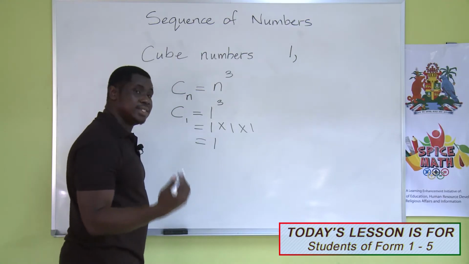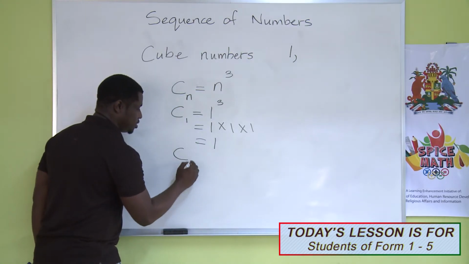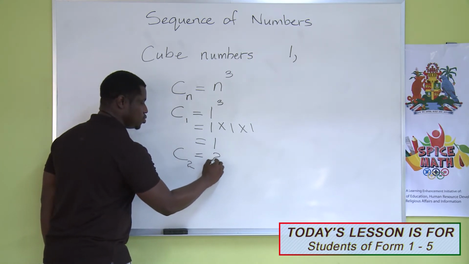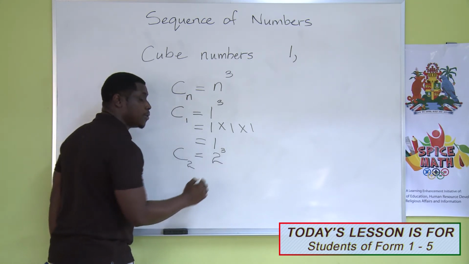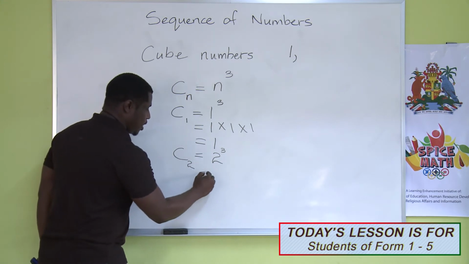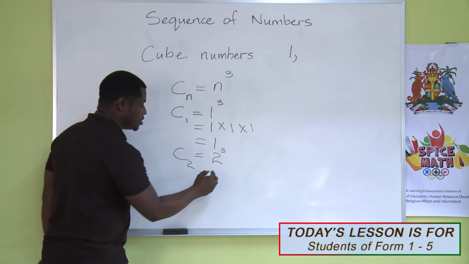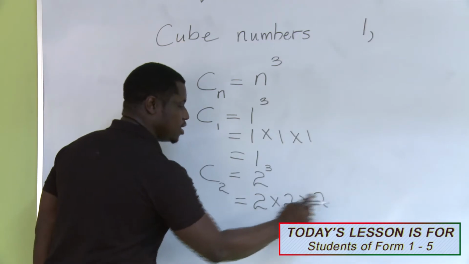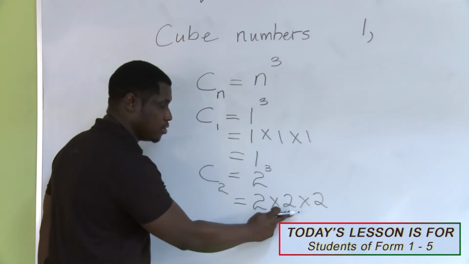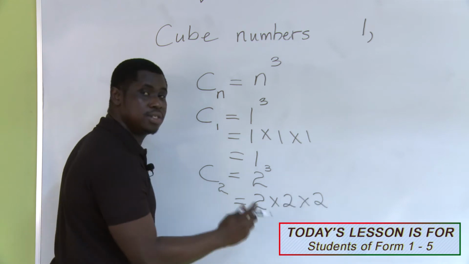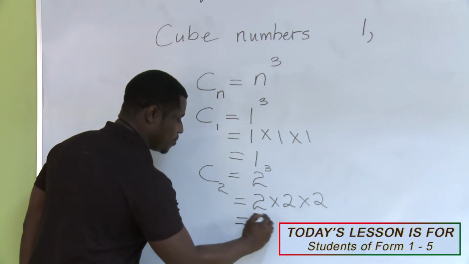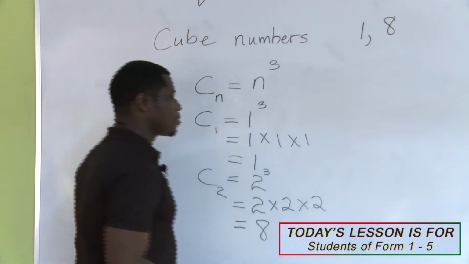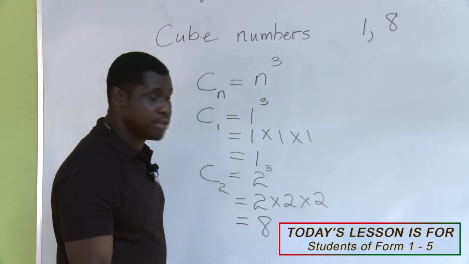If I want to find my second cube number, C subscript 2, this is equal to 2 to the power of 3, or what we say 2 cubed. And 2 cubed means that I'm multiplying 2 by itself 3 times. 2 2s are 4, and then 4 times 2 is 8. So my second cube number is 8. And if I continue, let's try the third.